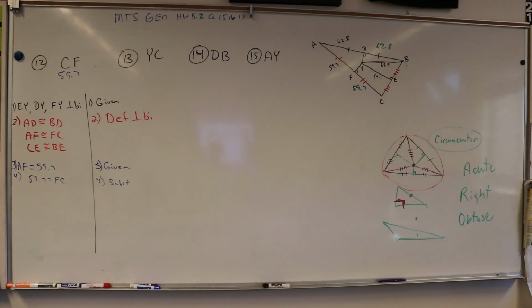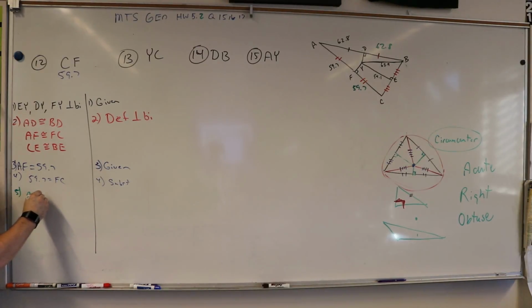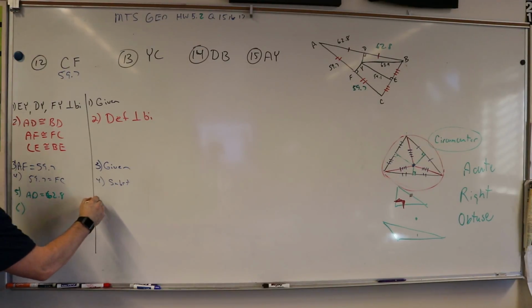Do we need to know DB? Yeah, for number 14. So why don't we just do the same thing we just did? How much is AD? 62.8. So AD is 62.8, and that's given.